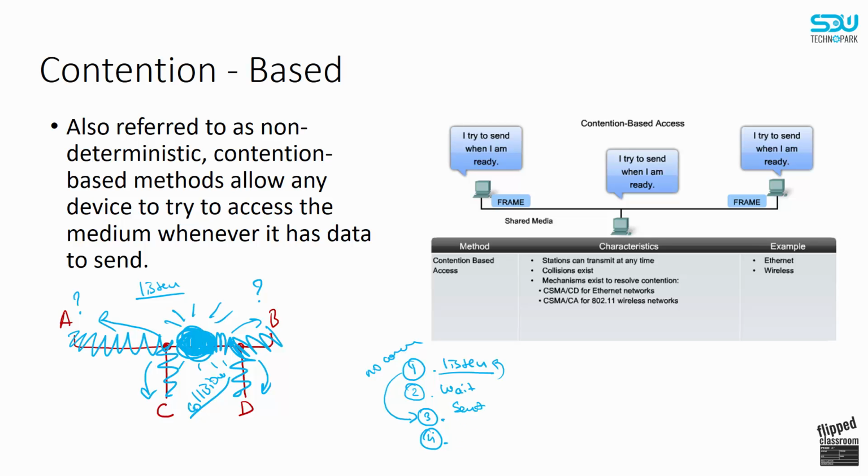Now the fourth step, if something went wrong, I mean if we have a collision, then we have a back-off timer. The back-off timer is a specially randomly selected amount of time on each of these devices.